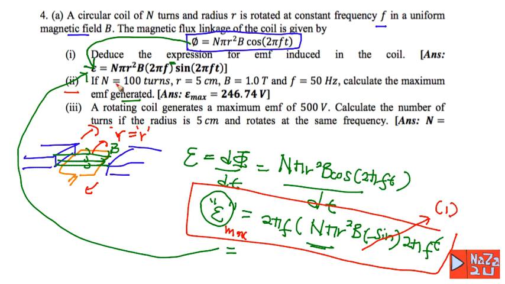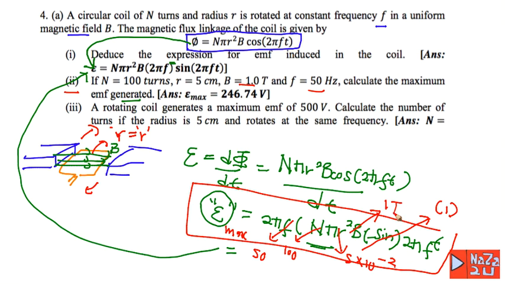Now you can use the values given by the question: n is equal to 100 turns, frequency is equal to 50 Hertz, radius r is 5 cm, converted to meters is 5 exponent minus 2, and B is 1 Tesla.